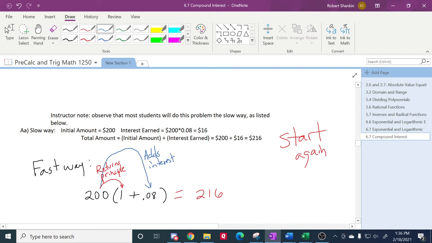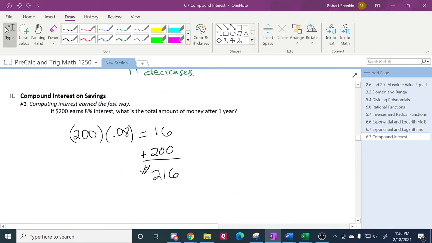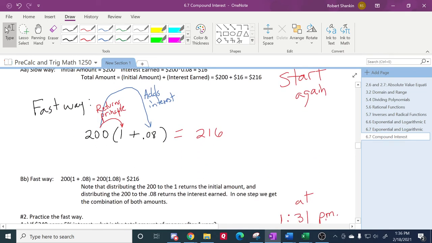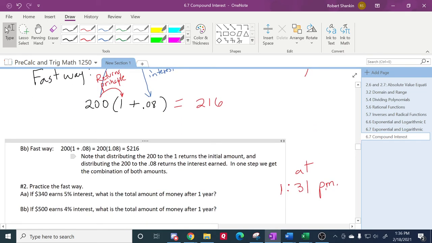So you get the 200 plus the 16, giving you the 216. The slow way took 2 steps: get the interest, and then go back and add the principal again. All right, so that's the fast way.